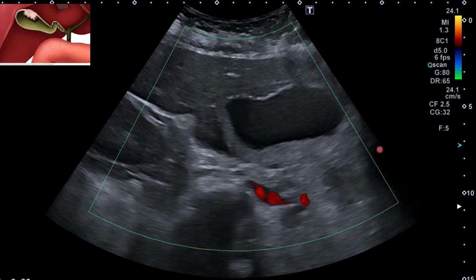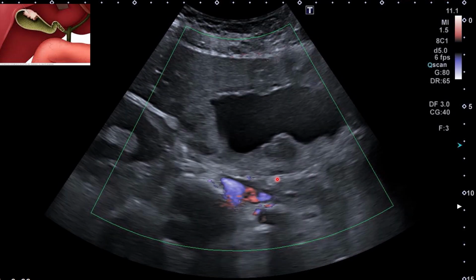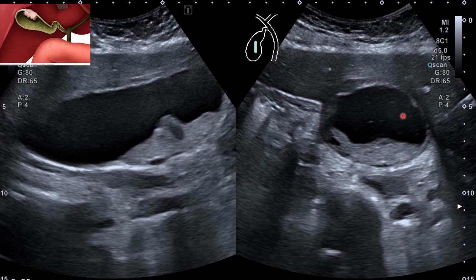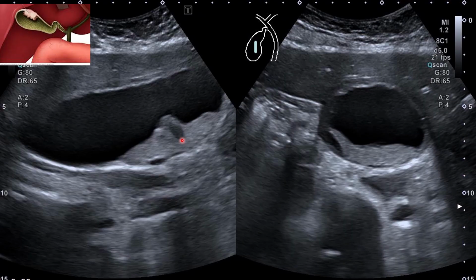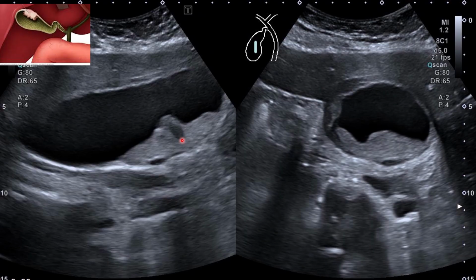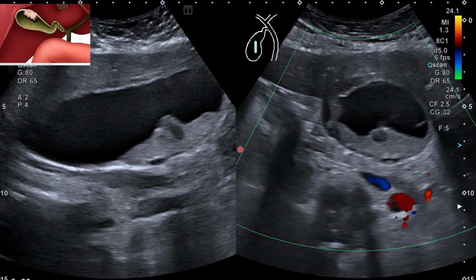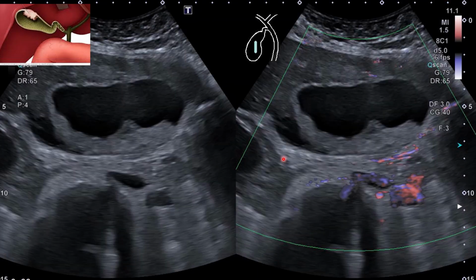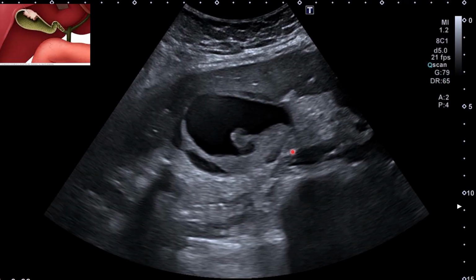So what I did, I have requested a CT of this patient, so that maybe we can find something that can narrow down the diagnosis.